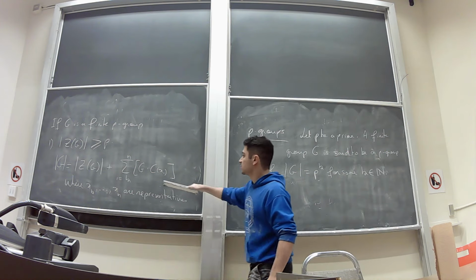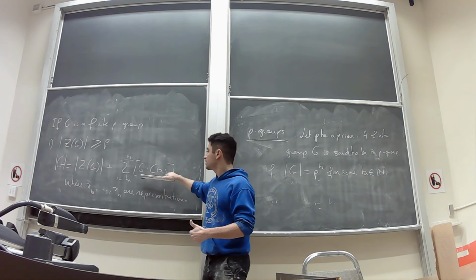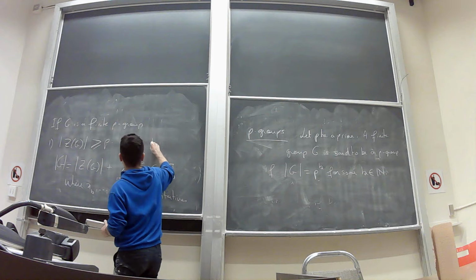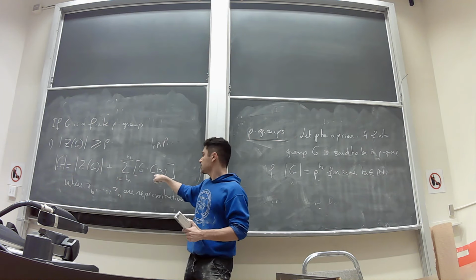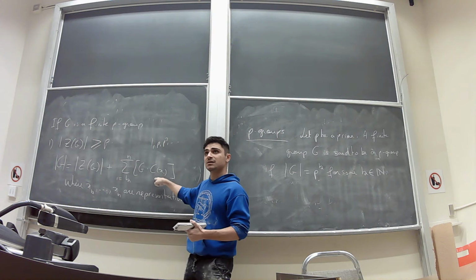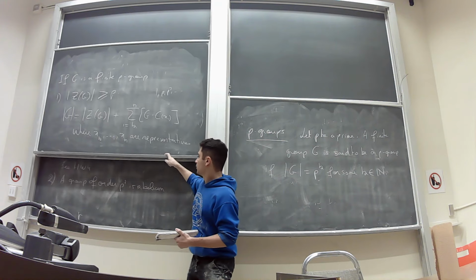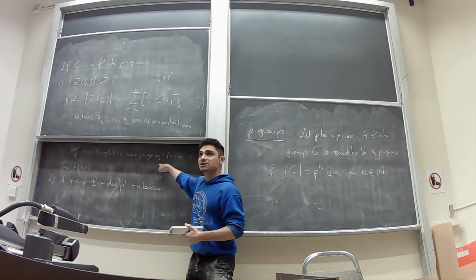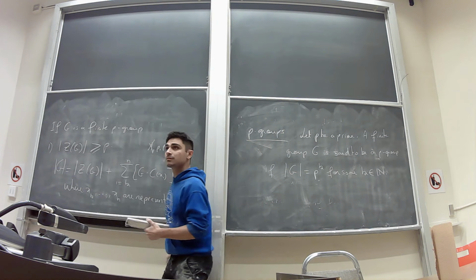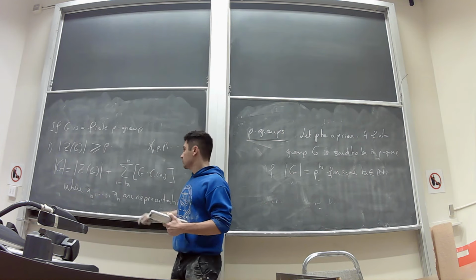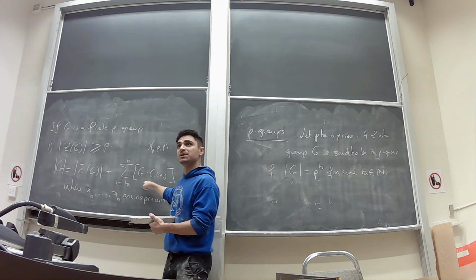Now, since this conjugacy class is not of size 1, because it has a representative of a non-singleton conjugacy class, it's p, p squared, and so on. So all of this is a sum of multiples of p.